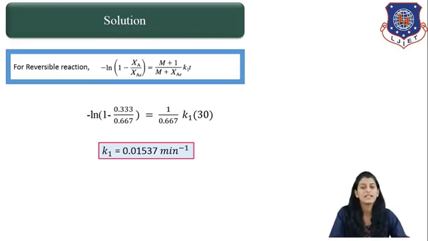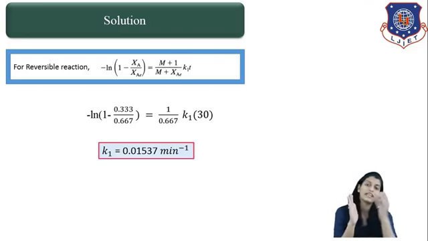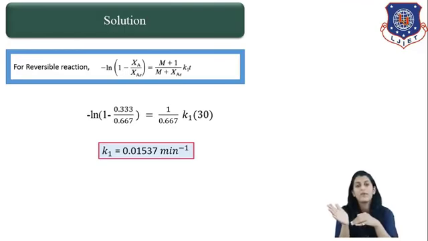Now we need to find the value of K2. K1 is the rate constant for the forward reaction when A is converting into B, and K2 is the rate constant for the reverse reaction when B is getting converted back into reactant A, right? So let us determine K2 now.